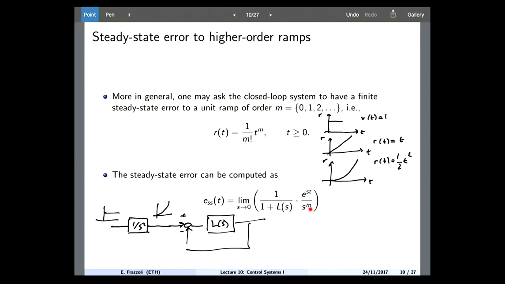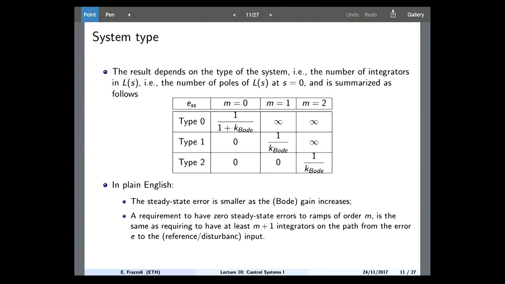So in particular, we will call, and don't ask me the reason, it's again one of those jargon things that evolved during the past 5 decades, when people talk about the type of the system, it actually means how many integrators the system has.